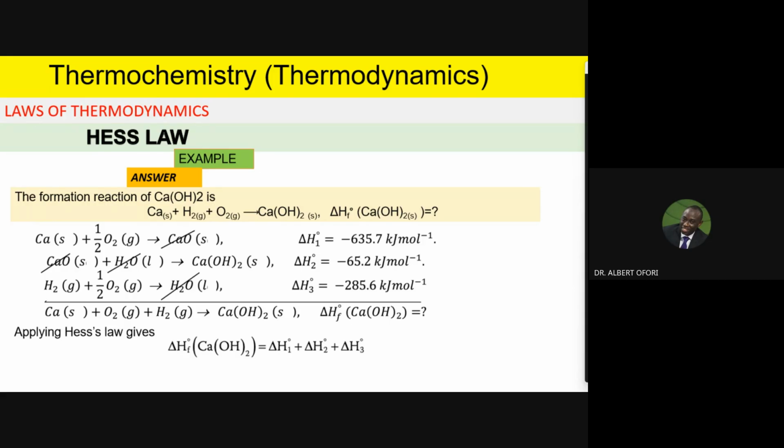So if the first equation has 2 moles and the second equation has 1 mole, then I need to multiply the third equation by 2 so that I can cross out the water. They are not part of the overall reaction. And when you multiply that equation by 2, don't forget to multiply the delta H by 2 also.